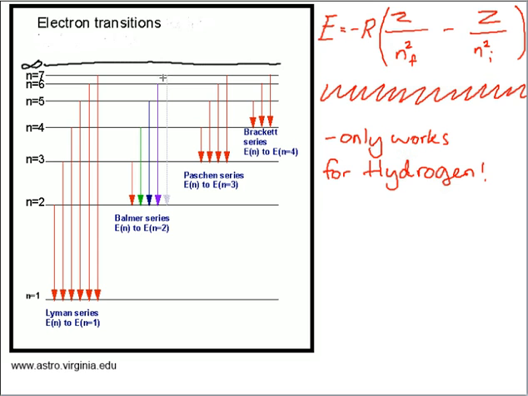So the only emitted light that we actually see is when it goes from whatever excited orbital to only the second shell, the second orbital. That's the actual visible light that we see.